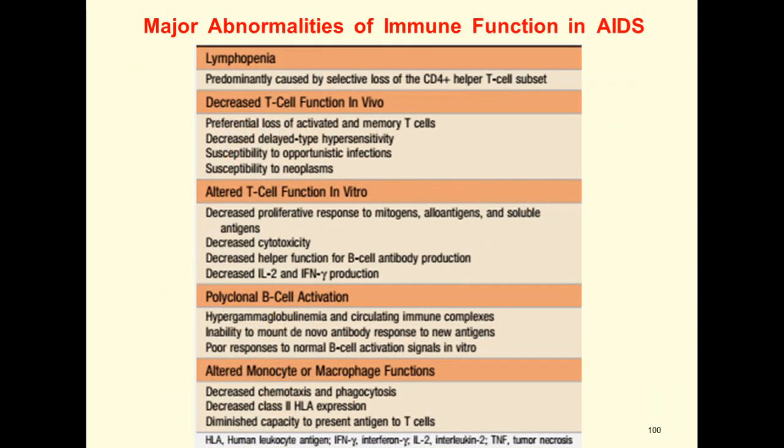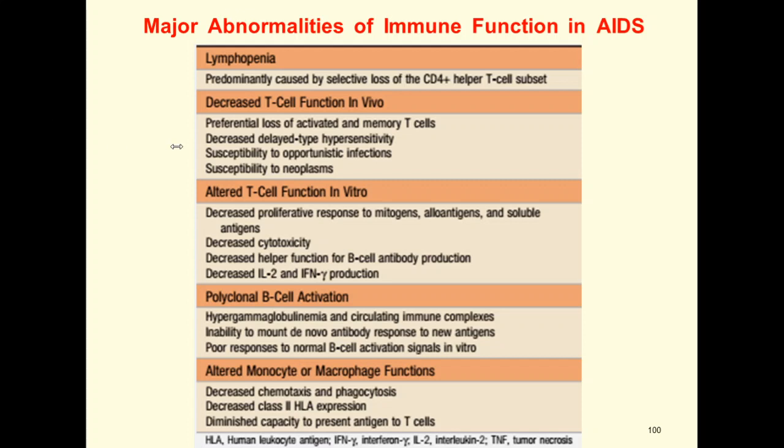I'd like to underline that problems due to HIV are not only about T lymphocytes. Yes, lymphopenia, predominantly caused by selective loss of the CD4 helper T cell subset. Yes, this is classical and this information is absolutely well known.